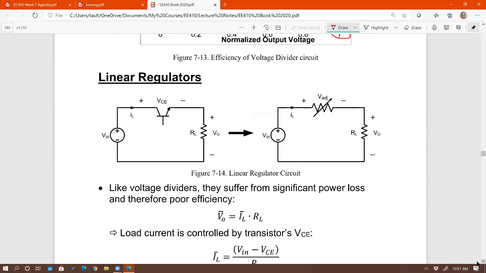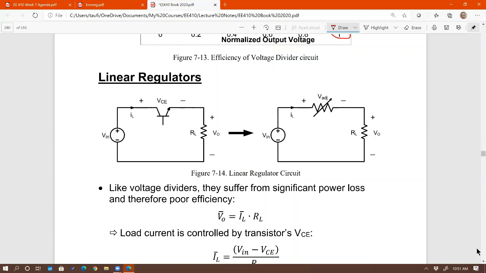So not good, okay? Voltage divider is not good. Same as linear regulators, right? We learned about linear regulators in one of the beginning chapters. I don't remember which one, but same thing. If you have a linear regulator, you basically bias the transistor so that it has different drops. Well, that's just analogous to having a voltage divider. When you have a voltage divider, then you already know the efficiency, right?